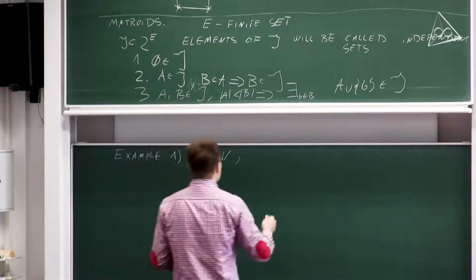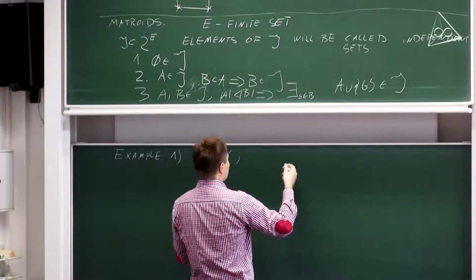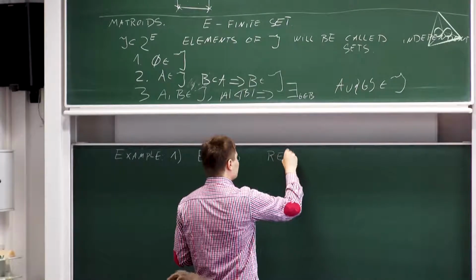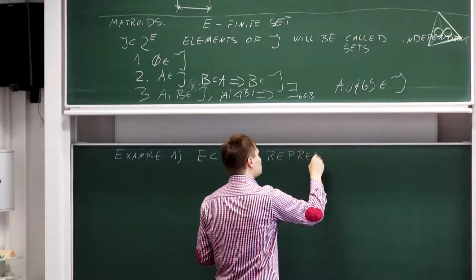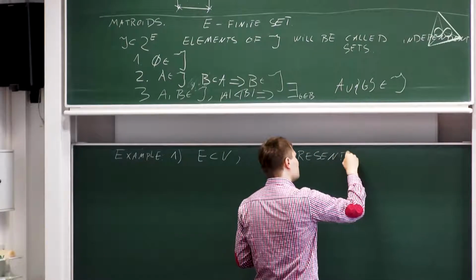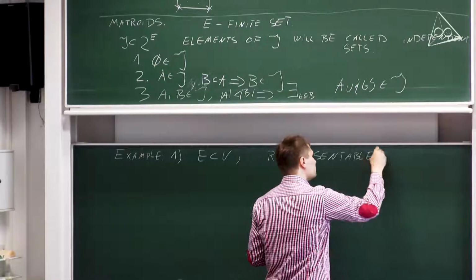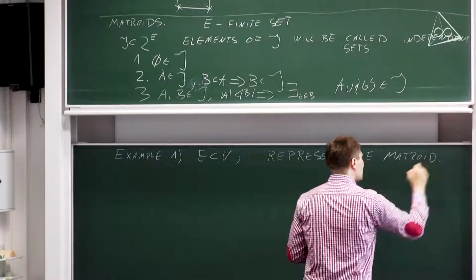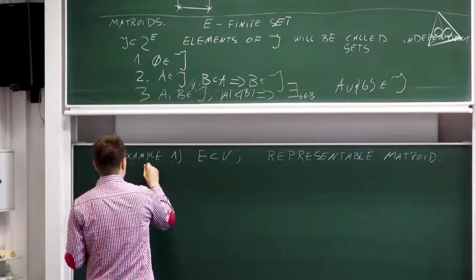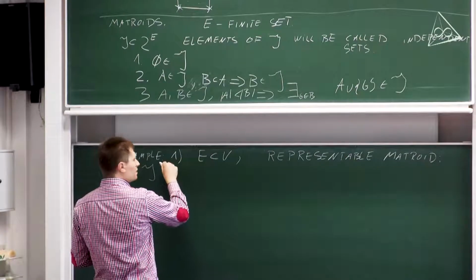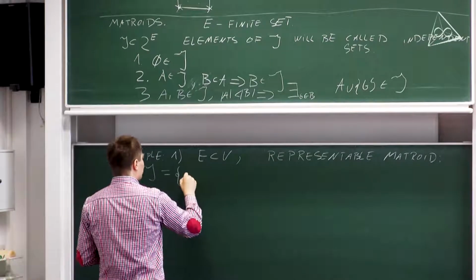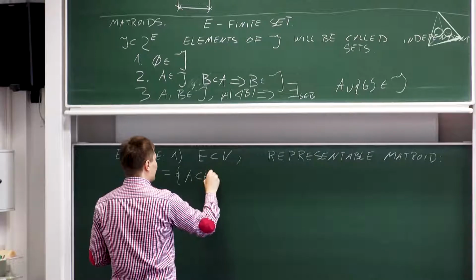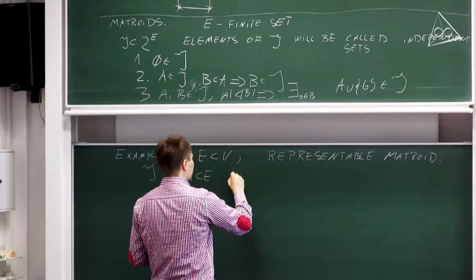Then we can construct a representable, or realizable, matroid, where we construct a family which exactly consists of those subsets of E that are linearly independent.